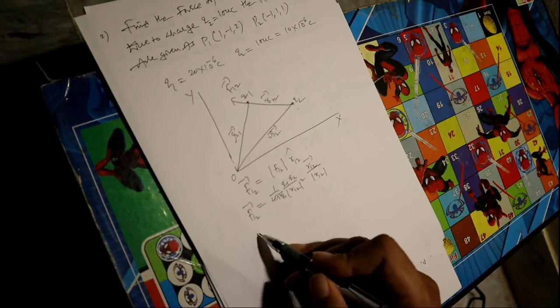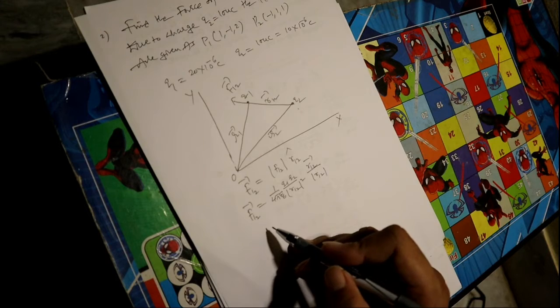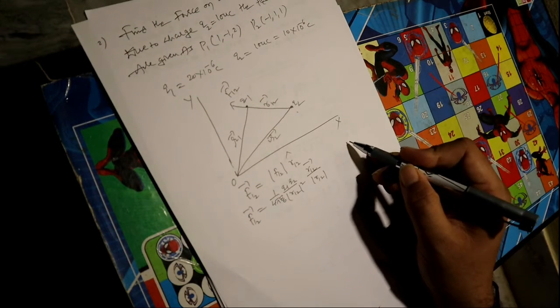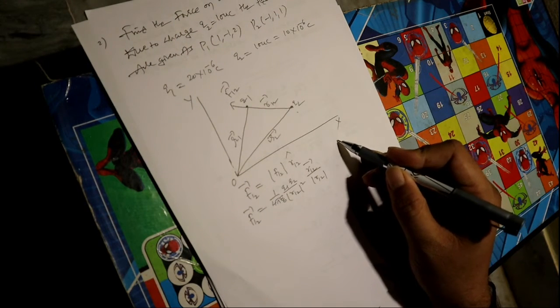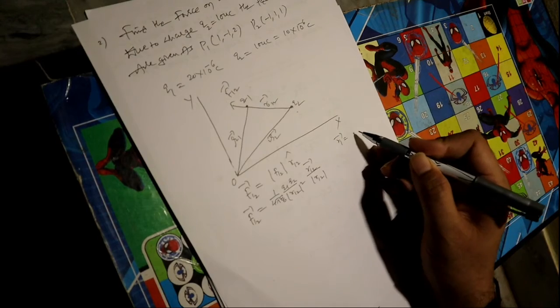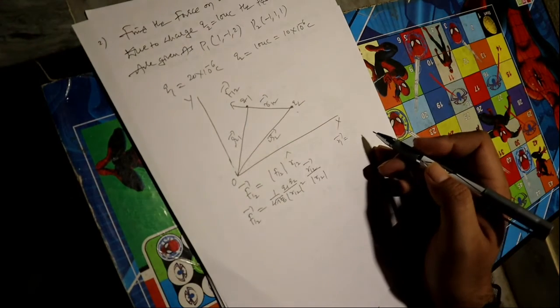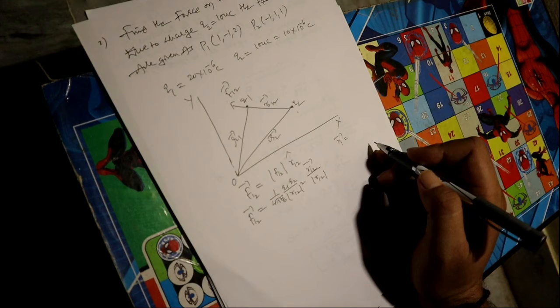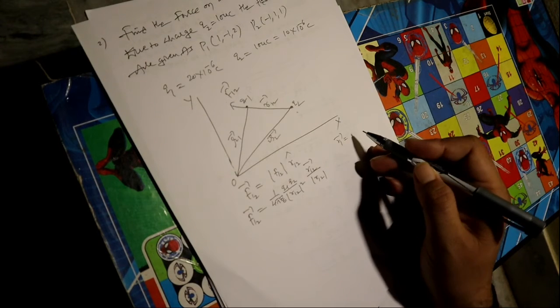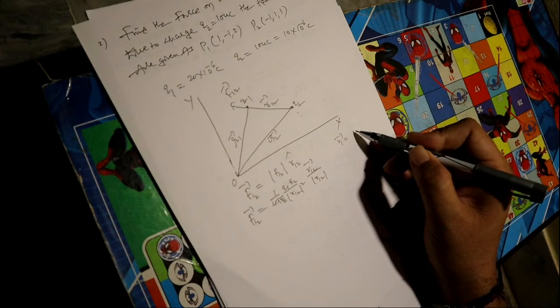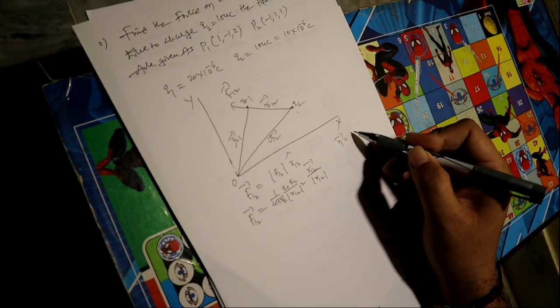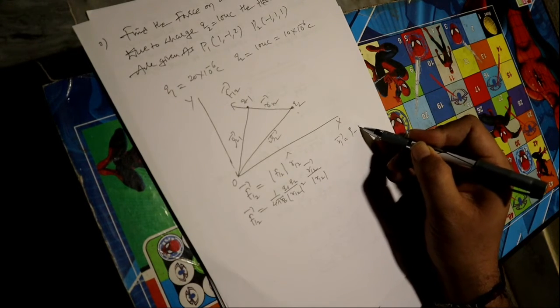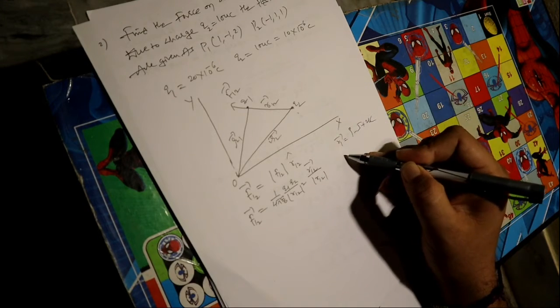Next, what is R12 bar? Here R1 bar, how do we convert what they gave into vector form, (1, minus 1, 2). That means R1 bar, the position vector of charge Q1, is equal to i minus j plus 2k.